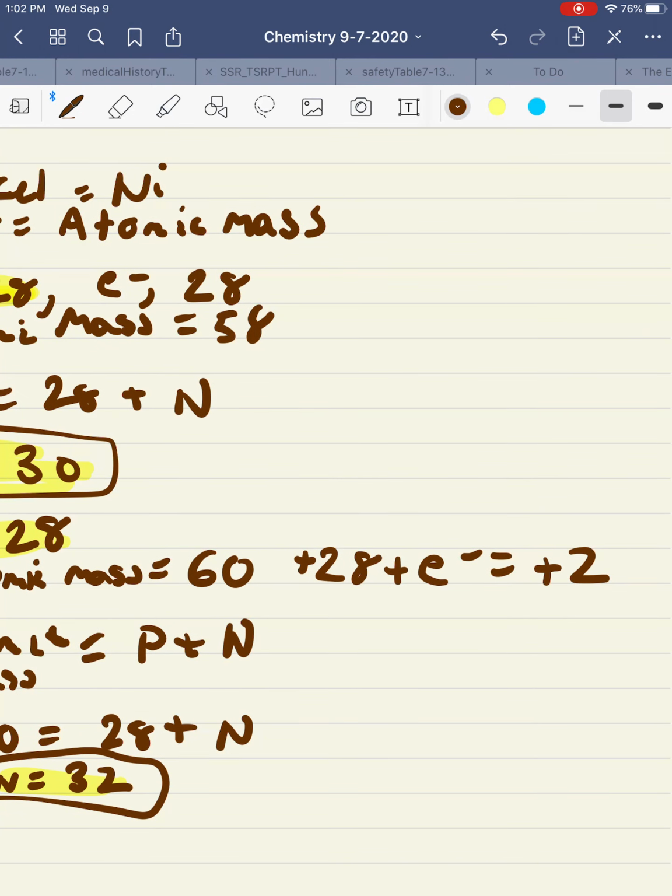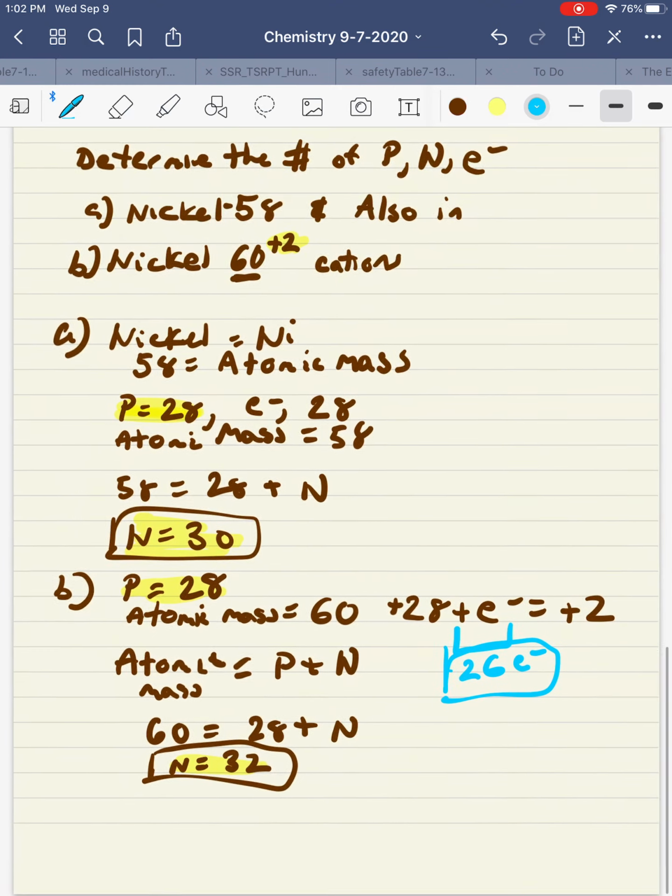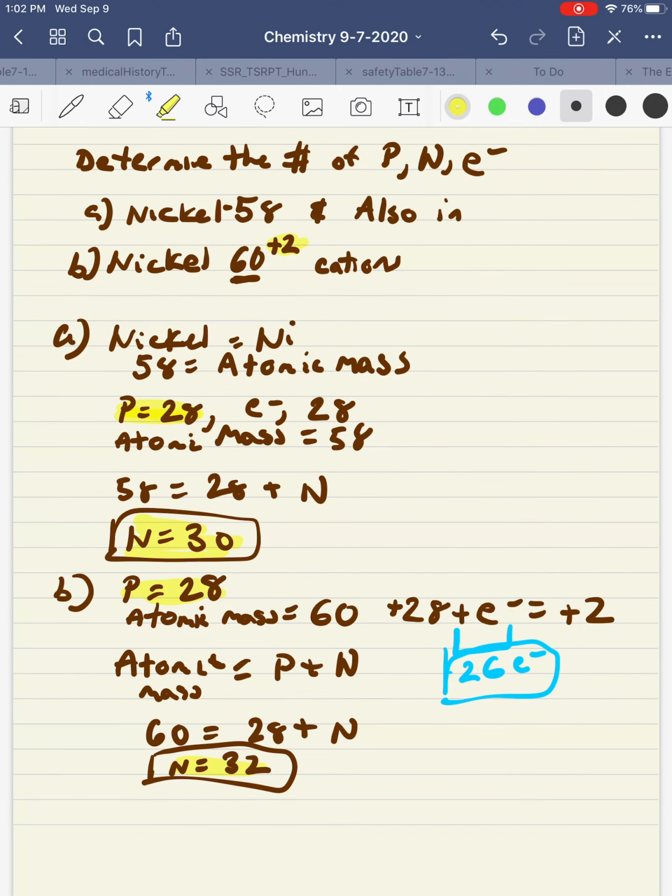So for that to occur, you must only have 26 electrons, right? So to summarize, this cation for part B has 28 protons, 32 neutrons, and 26 electrons.